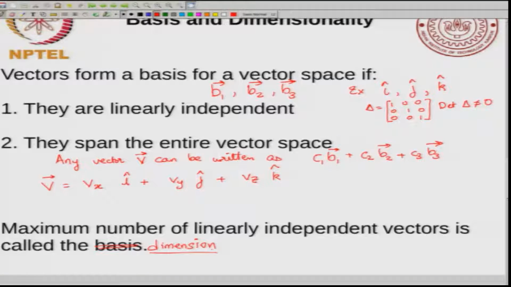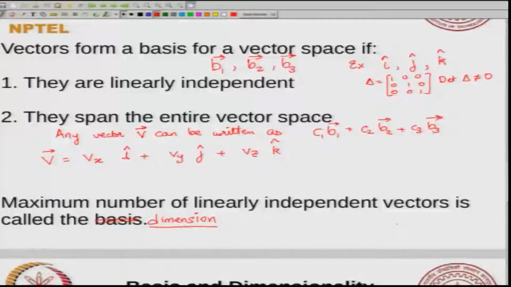In the case of the 3D vector space, the dimension is 3 because the maximum number of vectors that can be linearly independent is 3. If you have a fourth vector, it will be linearly dependent. So, the number of vectors in the basis also gives you the dimensionality. You can either say maximum number of linearly independent vectors or the number of vectors in the basis. Both are equal to the dimensionality.